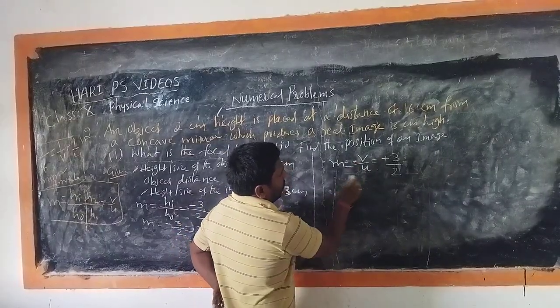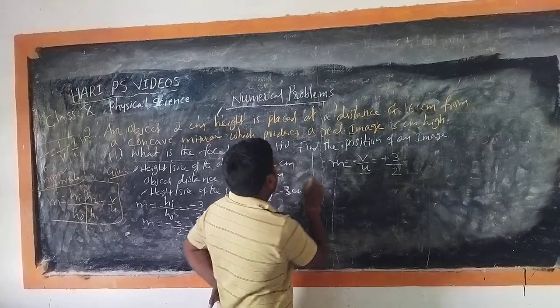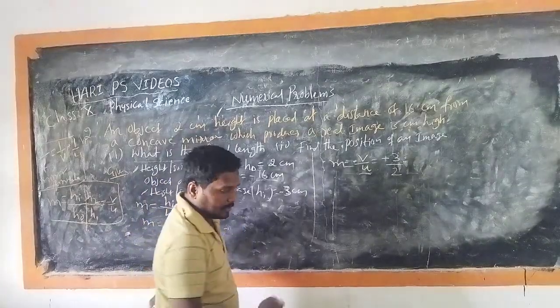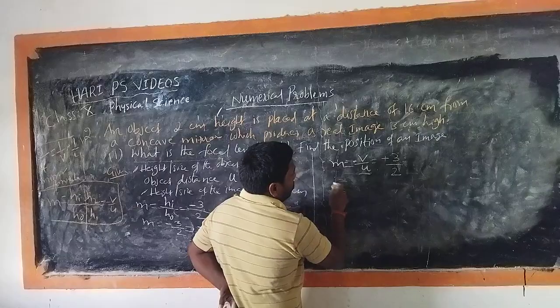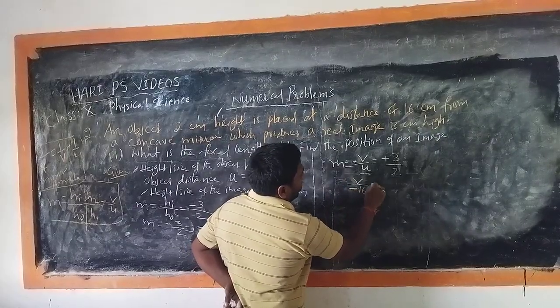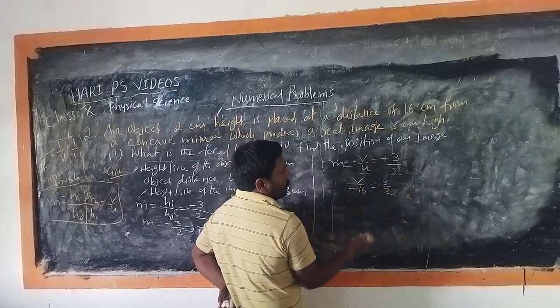What is the object distance? Minus 16 centimeters. So v by minus 16 equals 3 by 2.